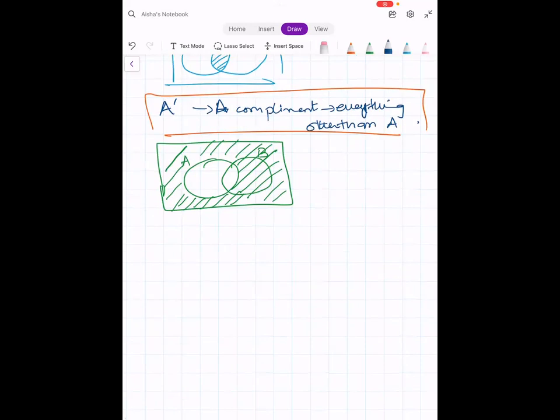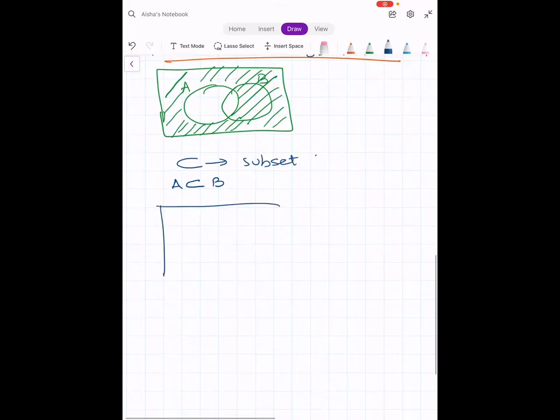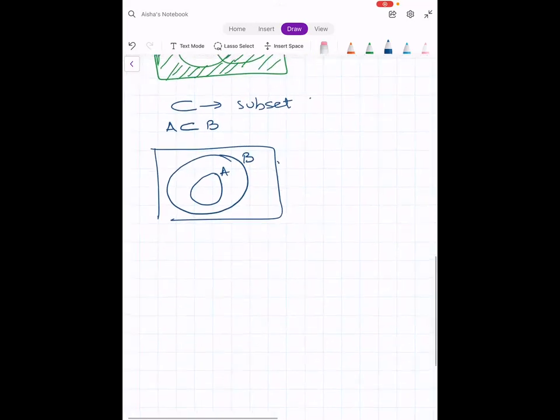All right, more notations. Subset. I'm not telling you how to use them, but for example, if they say A is a subset of B, it means in the Venn diagram, A is totally inside B. There's no partial overlapping, the complete circle is inside. Another thing is A intersection B is disjoint.